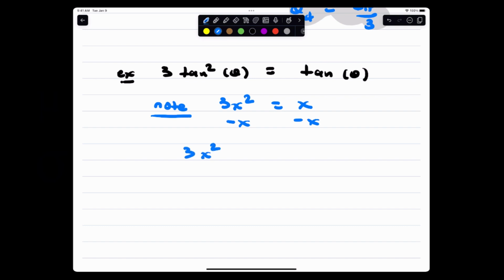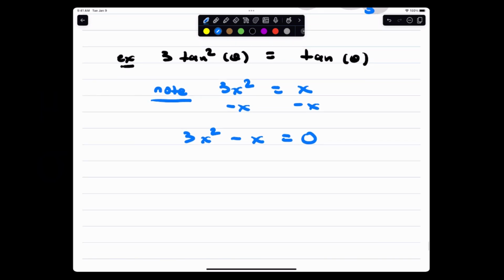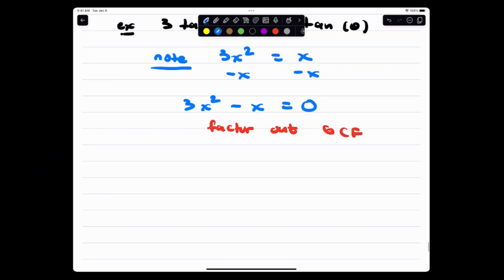You had 3x squared minus x equals 0. Now you had to factor out the greatest common factor, which will be x. That leaves you with x times 3x minus 1, and that equals 0.